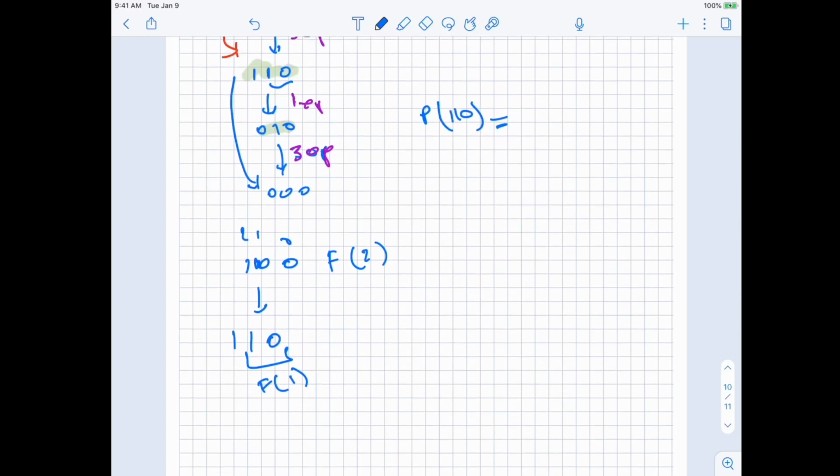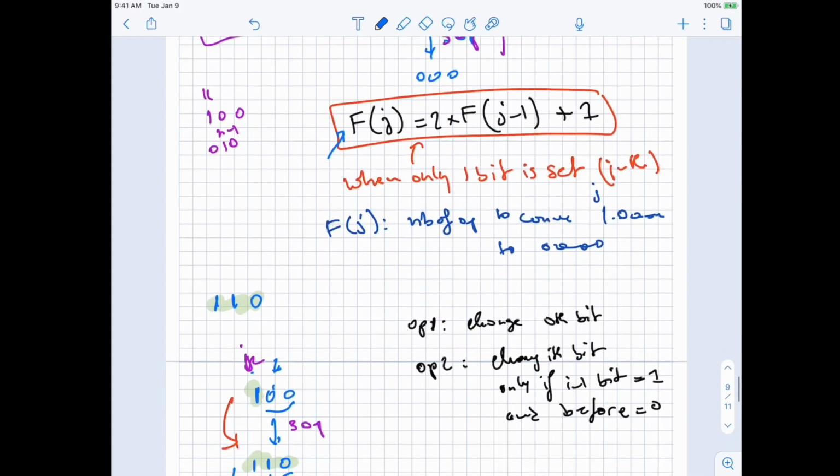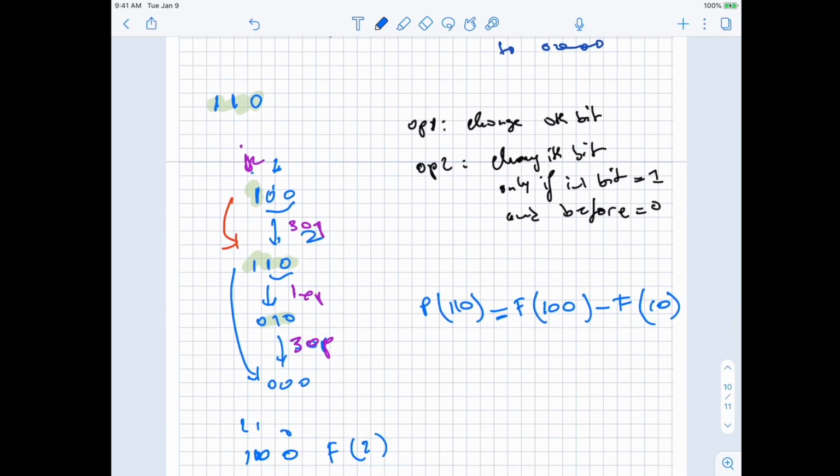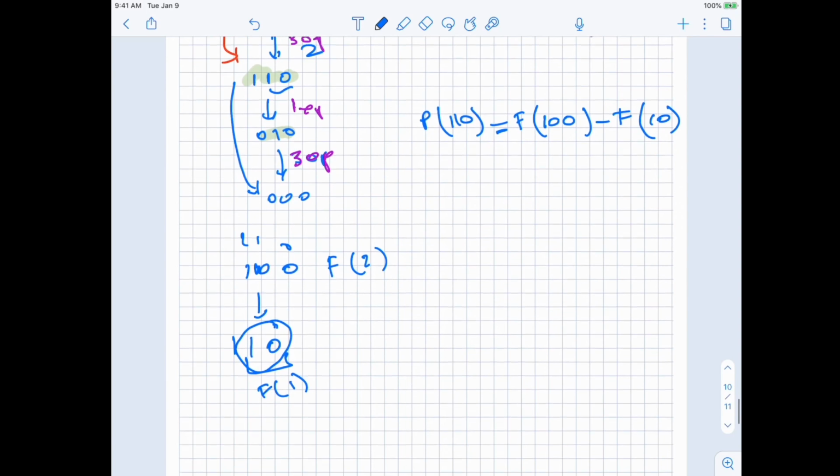So this is actually just f of 1 0 0 minus f of 1 0, because that's what we want to get rid of. We want to get rid of the number of operations that it took us to get to 1 0, right? And the number of operations it took us to get to 1 0 is just 3 operations here, which is the number of steps for 1 0, right? I hope that was clear.